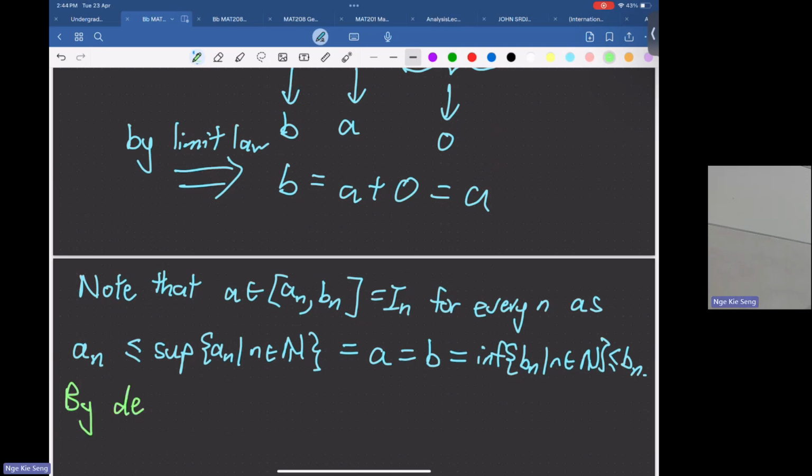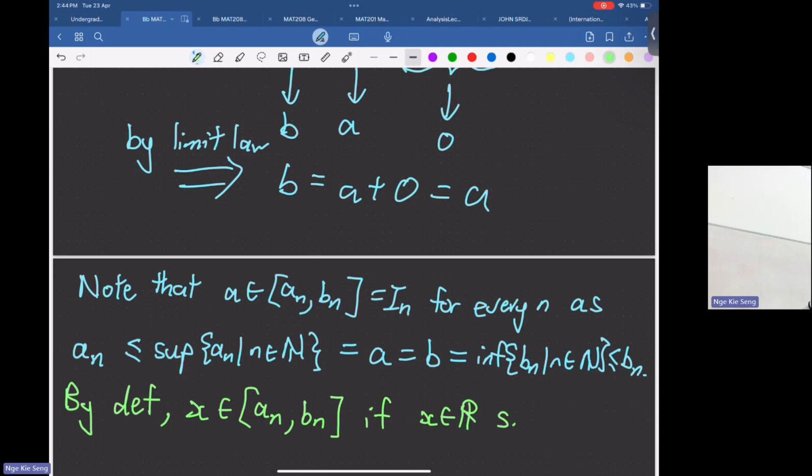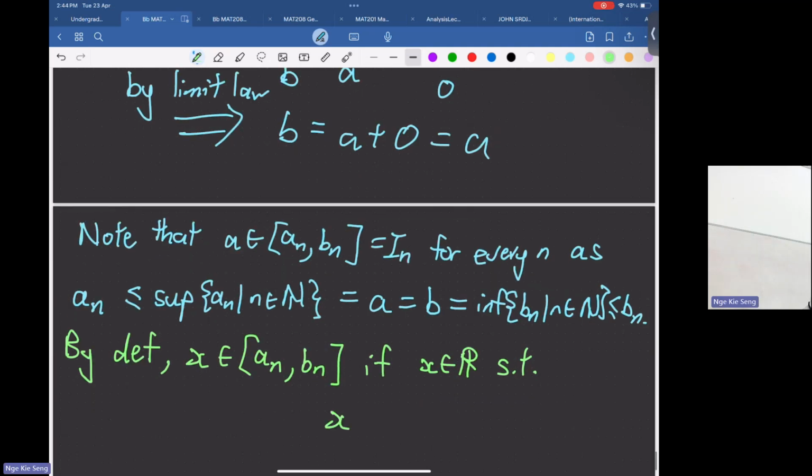By definition, x is in [An, Bn] if x in R such that x is less than or equal to Bn and greater than or equal to An. Okay, so this is the inequality we want for A to stay in the In.